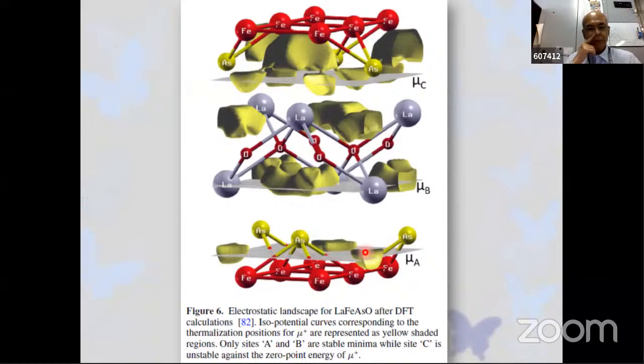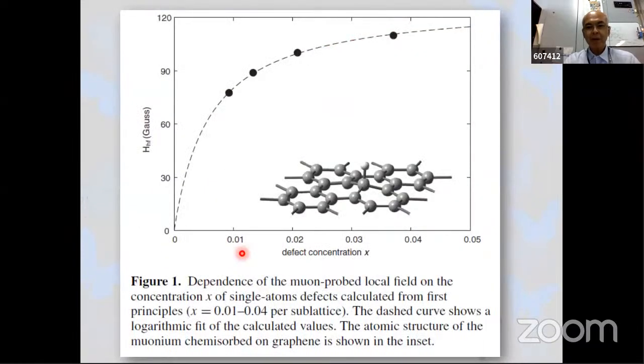This is another example of DFT done by PSI, the Switzerland group, for the lanthanum-based high Tc superconductor. The muon area is like this, and like this, and like this. Then we have to discuss the muon positions not as positions anymore, but as areas or volumes.